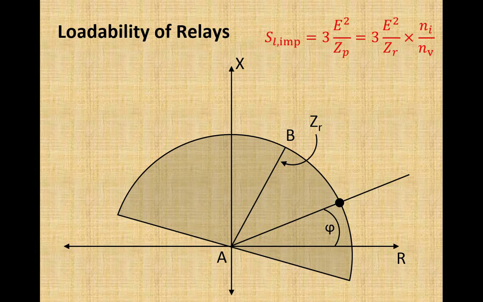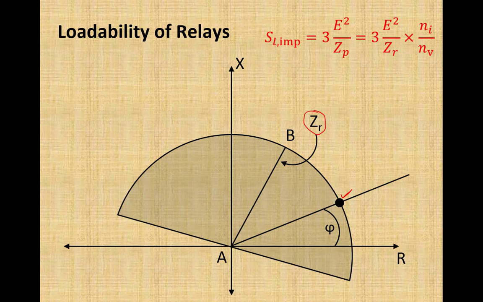Now let's convert this ZP into the impedance seen by the relay, that is on the secondary side of CT and VT. The primary impedance is actually the impedance from point A, the origin here, up to this point. How much is this distance? This distance is the same as the relay setting, because it is the radius of the circle, so the radius of the circle is equal to ZR.